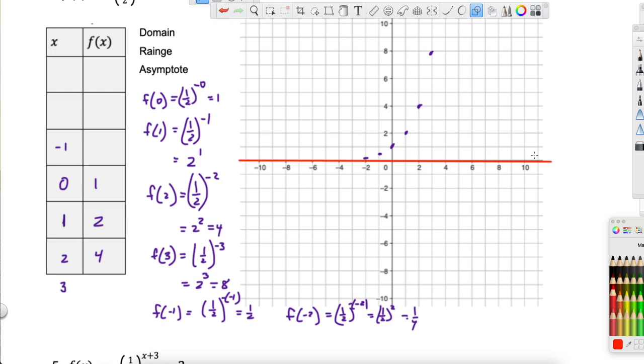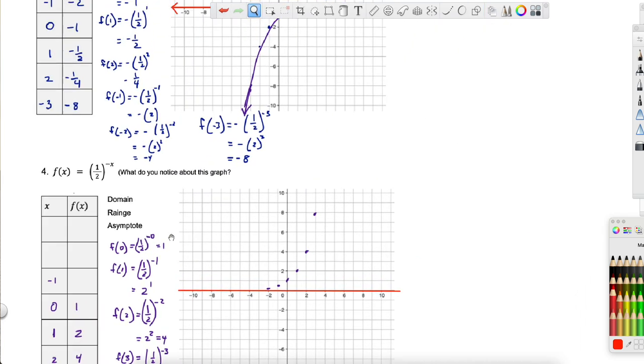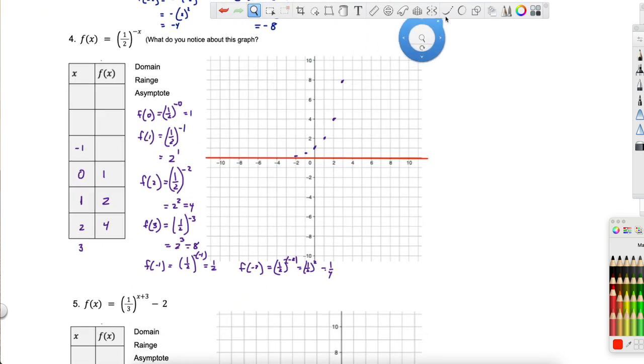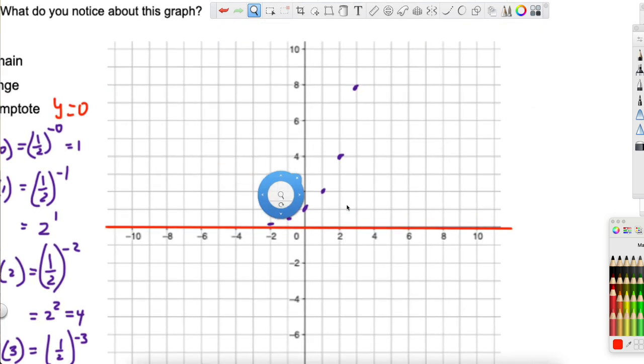Y asymptote again. Y equals 0. And see if I can fit this curve in here.